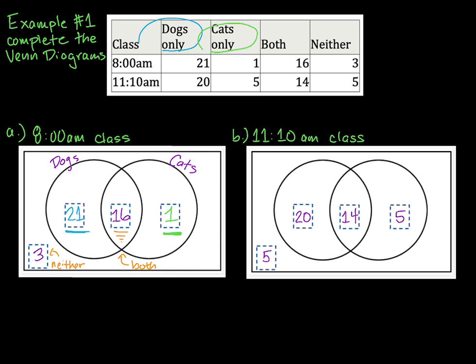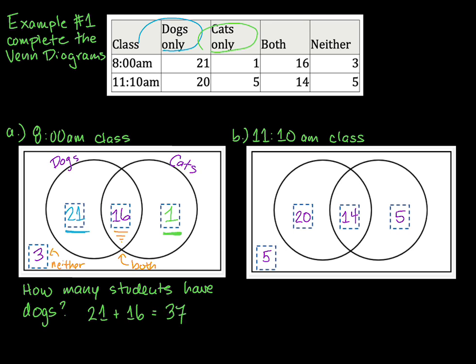And so if the question was how many students have dogs, the answer would be 21 plus 16 equals 37.